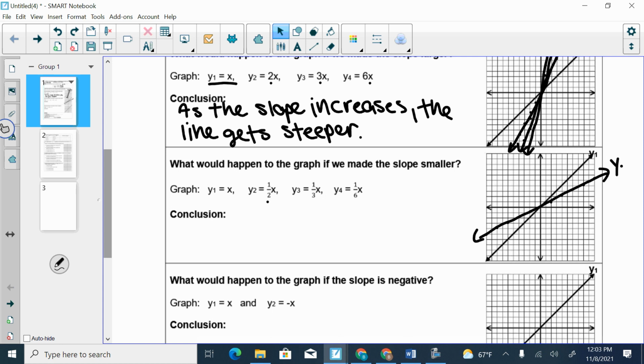So there's our y2 with a slope of 1/2. All right, next one says the slope is 1/3. That one means to go up how much?